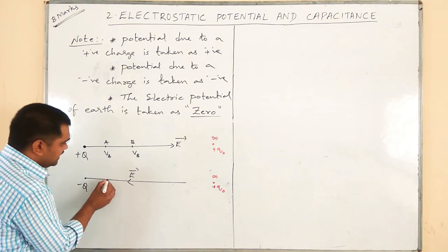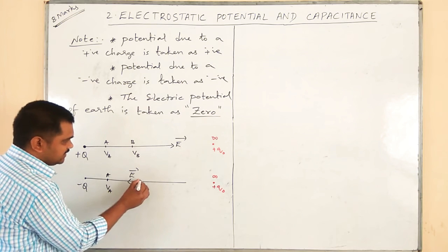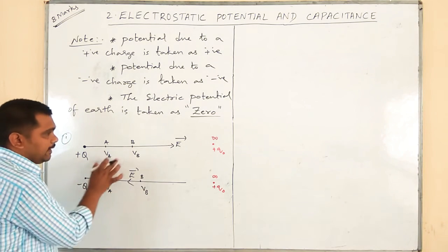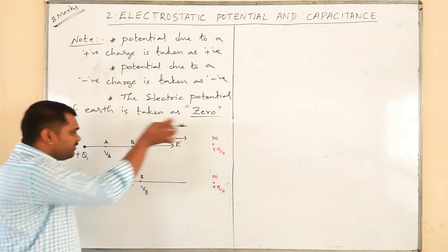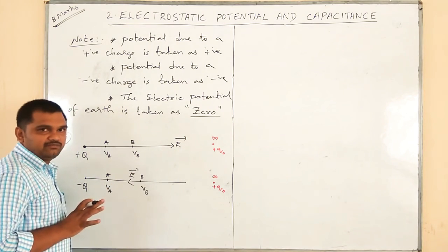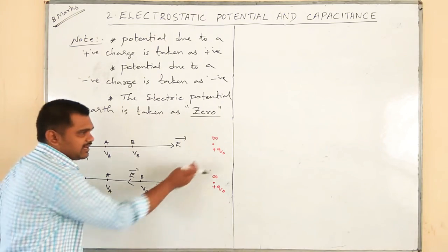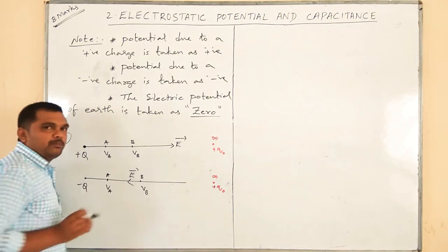Similarly, this point is A, this point is B. In order to bring this positive charge from infinity to B, we have to do small work, because a small amount of energy we should spend, isn't it? Because the distance is less, that is from infinity to point B.